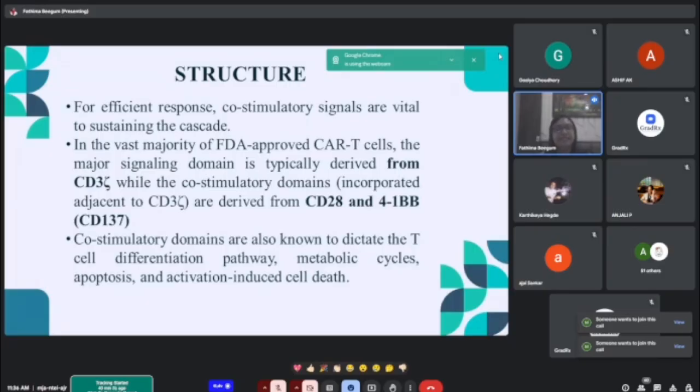It helps T cell differentiation, activates the T cells' metabolic cycles, and can trigger apoptosis of the tumor cells and cause cell destruction. So that intracellular domain structure with co-stimulatory signals is highly essential for destruction of the tumor cells.